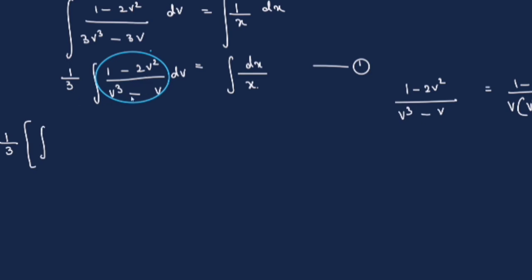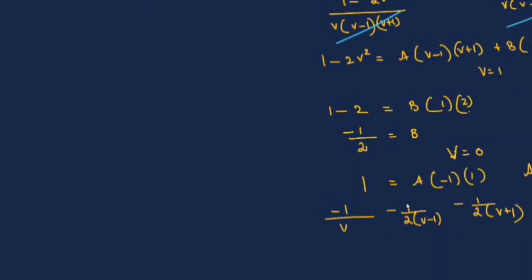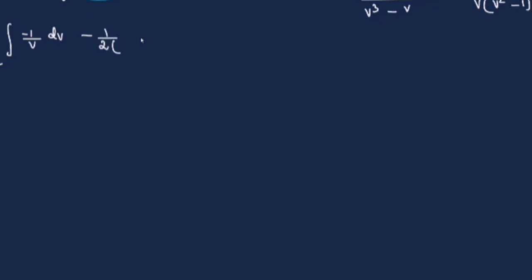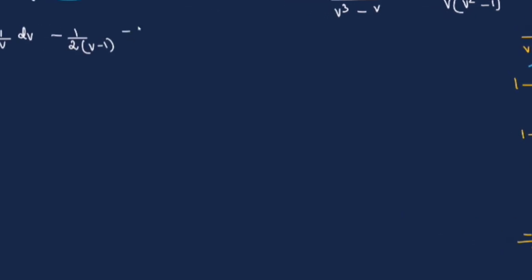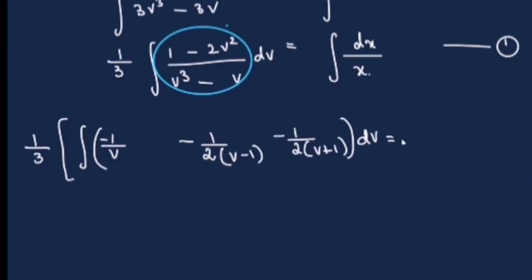We have resolved this into partial fractions: minus 1 by v, then minus 1 by 2 into (v minus 1), then minus half into (v plus 1), dv.